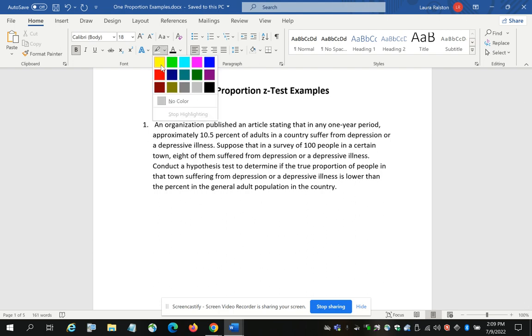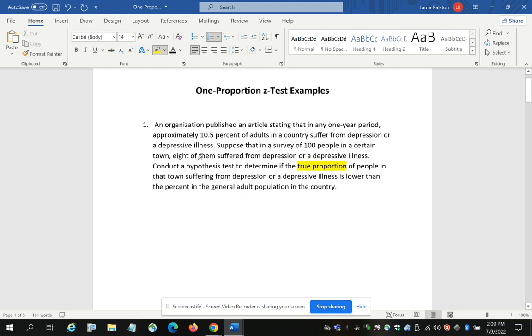Now, there are two clues that I see here that give me an indication that this is going to be a one proportion test. First of all, if you get to the last sentence, it says conduct a hypothesis test to determine if the true proportion. So it actually uses the word proportion.